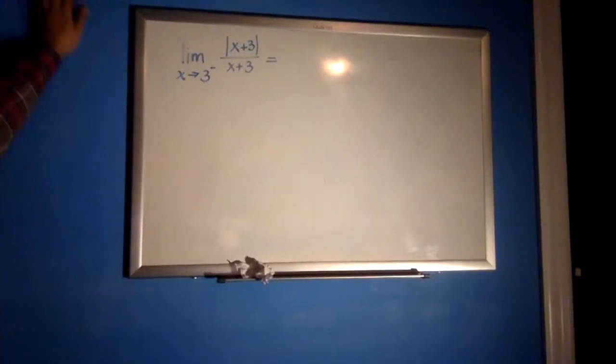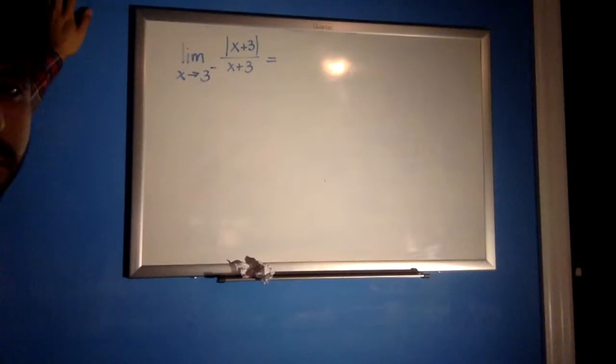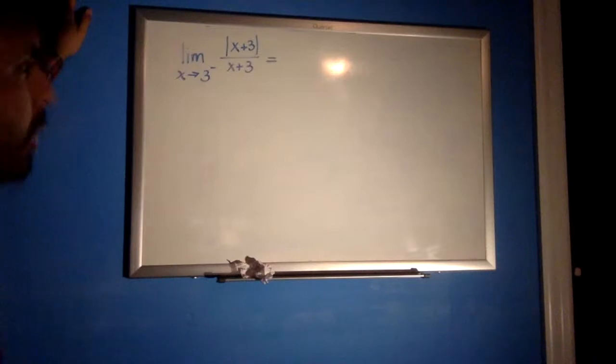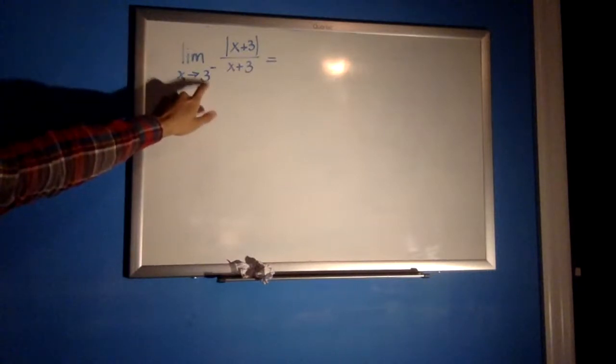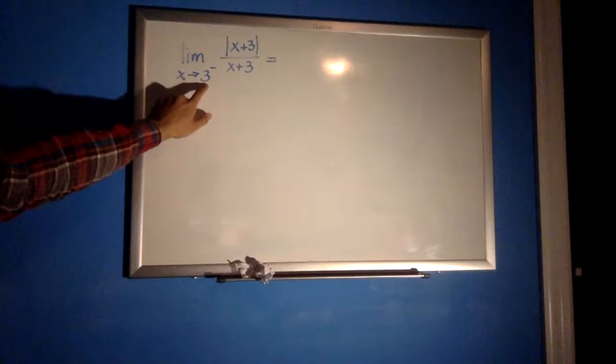So what is this limit? What makes limits of absolute value a little more tricky has to do with which side I am approaching the value for x.